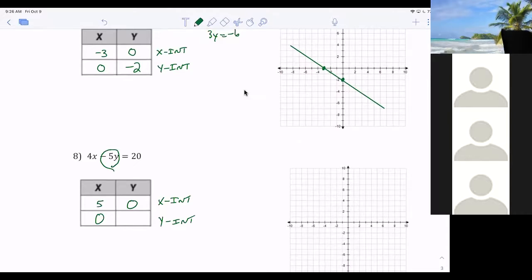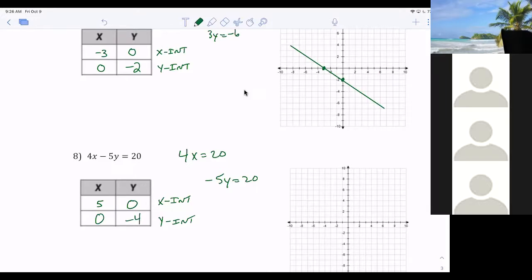Now, if it's 4x equals 20, you see that or not? If y is 0, right? Now, be careful. I appreciate it, but you've got to be careful with your numbers. If x is 0, you get the equation -5y equals 20, which means the y value is what? -4.